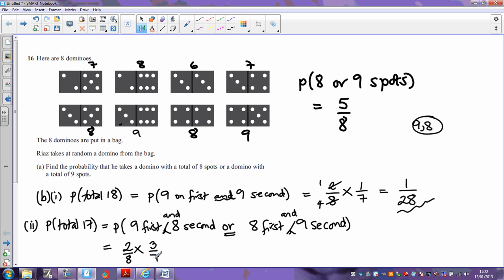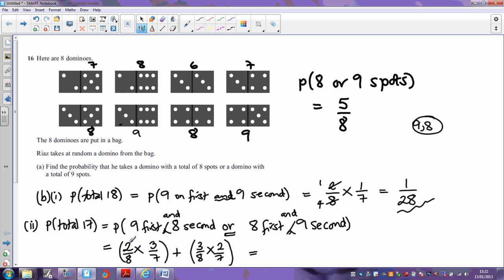So it could be that I get a 9 first and an 8 second, or, and remember with probability that is add, I could get an 8 first, well that's 3 out of the possible 8 dominoes, multiplied by getting the 9 second, well there are 2 9s to choose from, but there are only actually 7 dominoes left if I've removed one of the 8s.